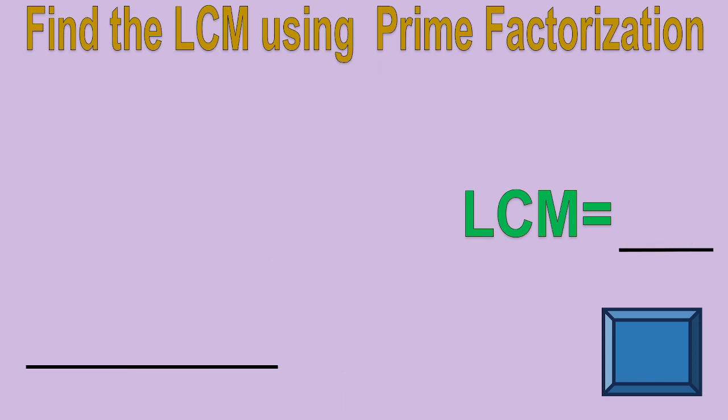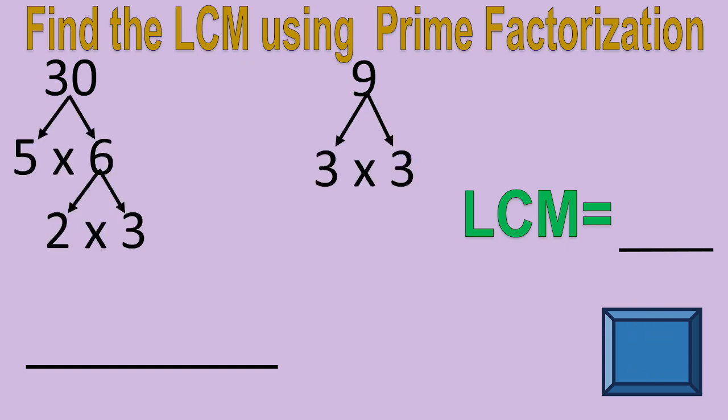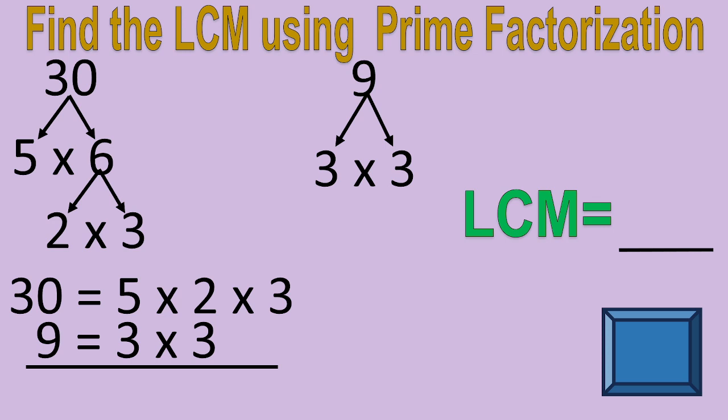Another. Find the LCM using prime factorization. We have 30 and 9. Times up. The answer is: the prime factorization of 30 is 5, 2, and 3. The prime factorization of 9 is 3 and 3.